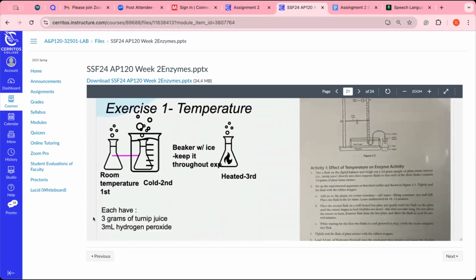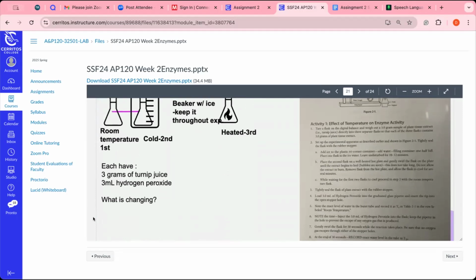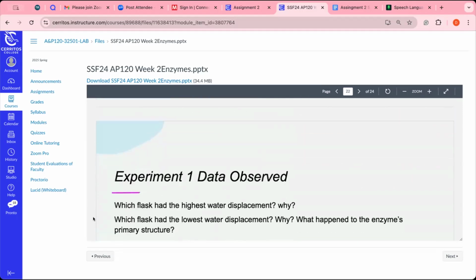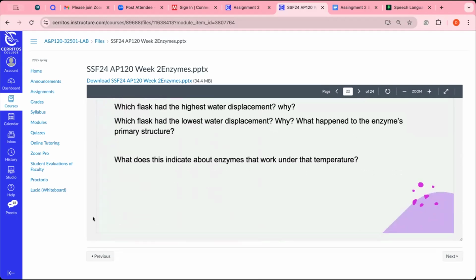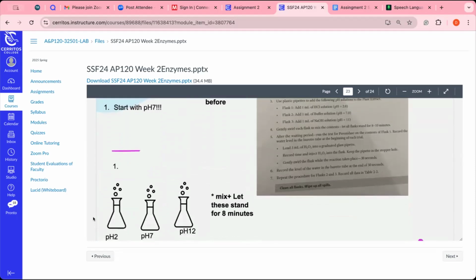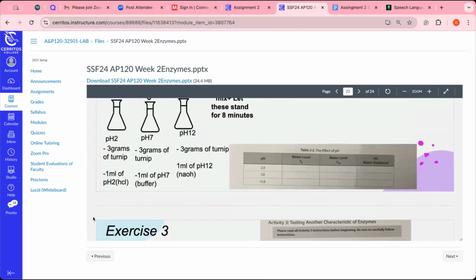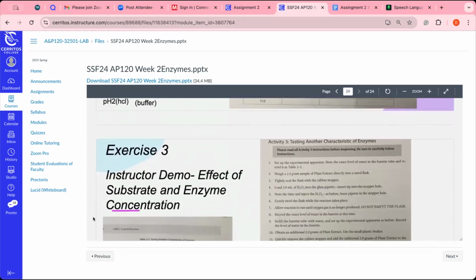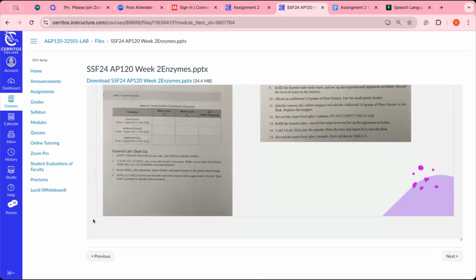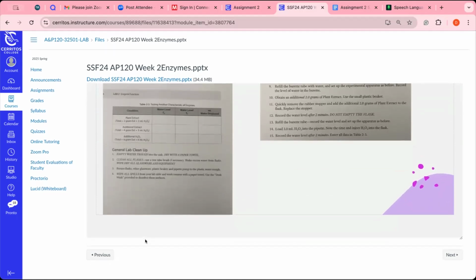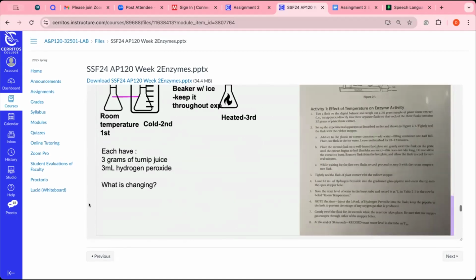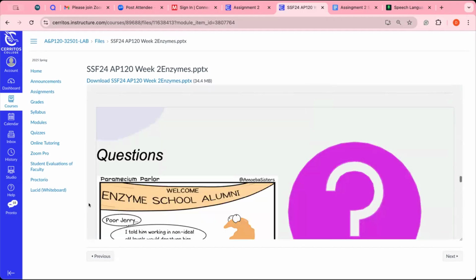Then you do, okay, so you did the pH, you did the temperature, and then he did the substrate part. Right. So that was your experiment there.